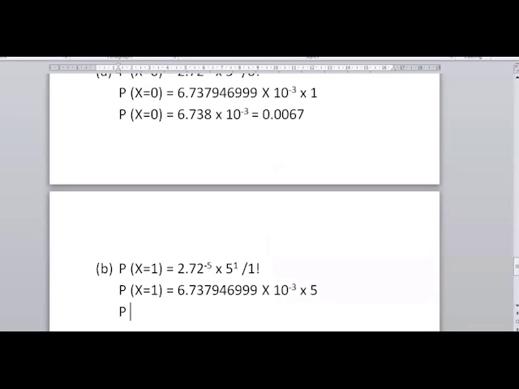So the only difference between part A and part B is that in part A, we multiply this entire value by 1 here, but here we are multiplying by 5. That would be the difference. So what do we have?